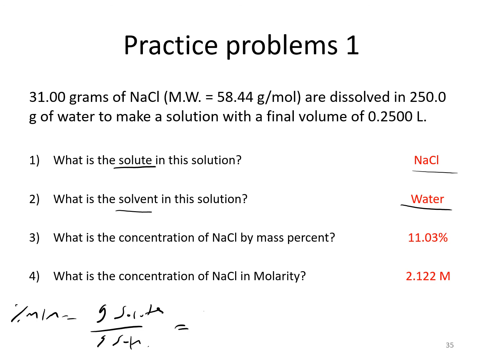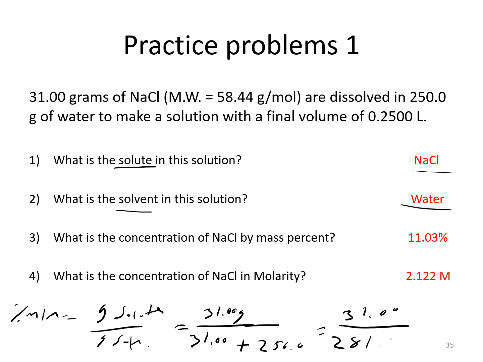So we have 31.00 grams of solute divided by a total mass of solution, 31.00 plus the mass of the water, which is 250.0, which is 31.00 divided by 281.00. 31.00 divided by 281.00 in 4 sig figs gives us 11.03%.